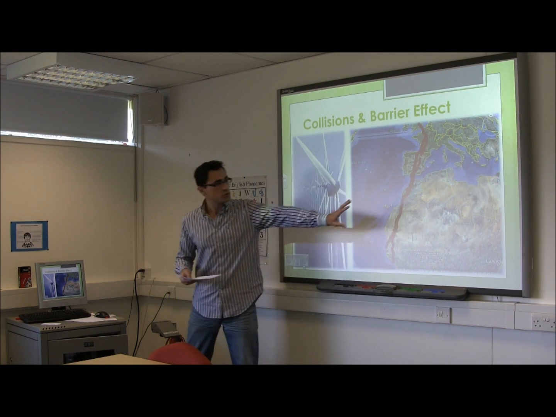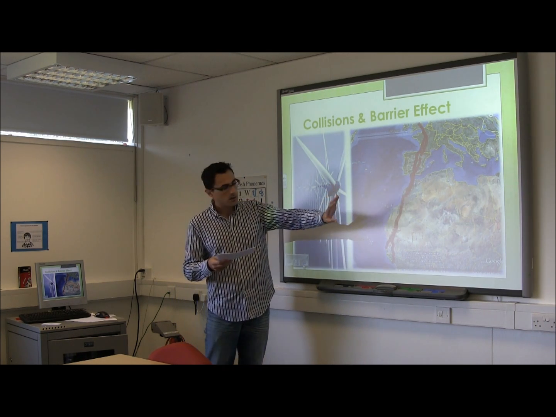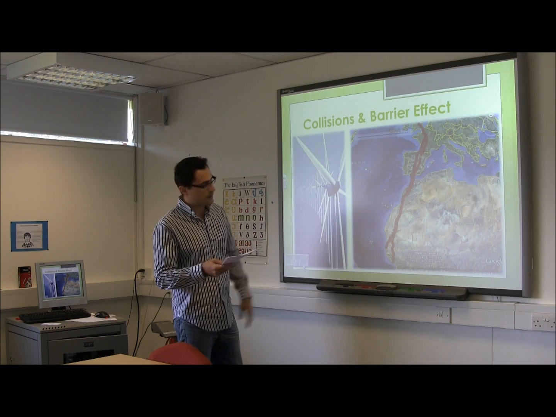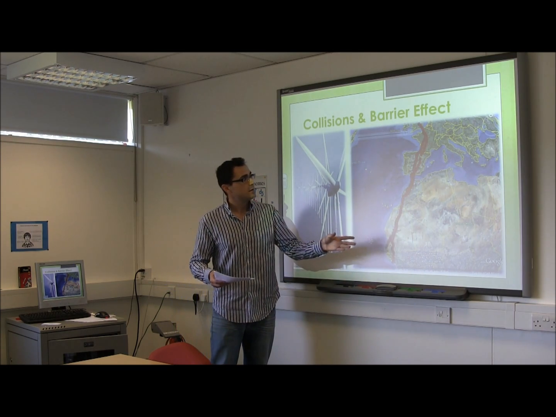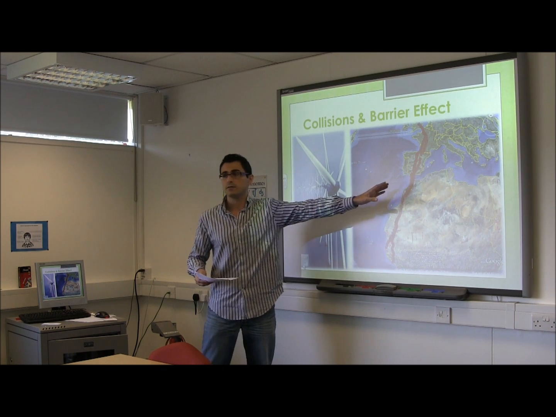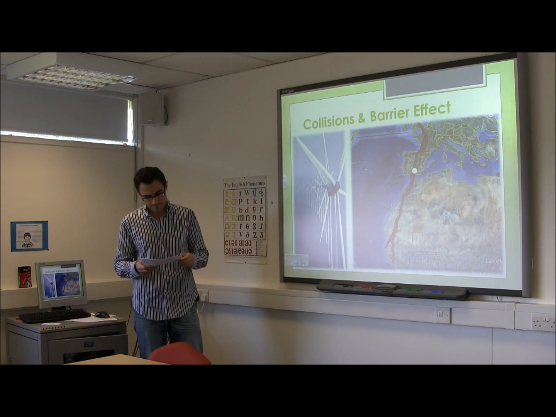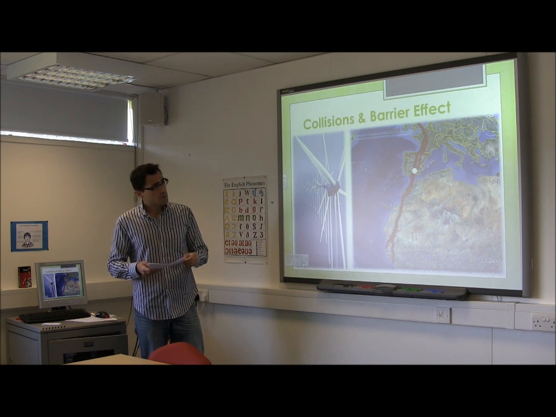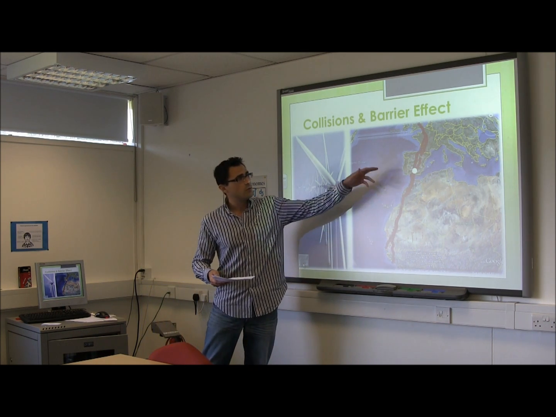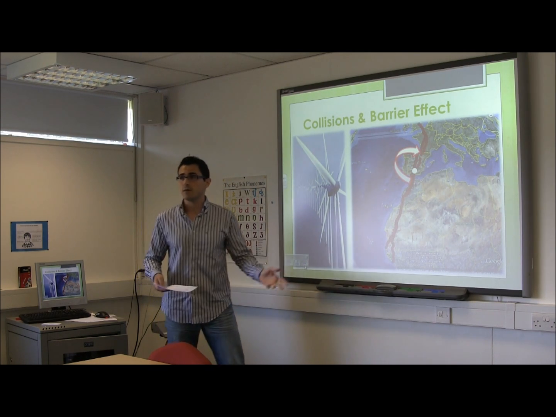This map shows the migration of birds and what happens if we locate a wind farm in the way of the migration. For example, there. So the birds have to move to avoid the wind farm.